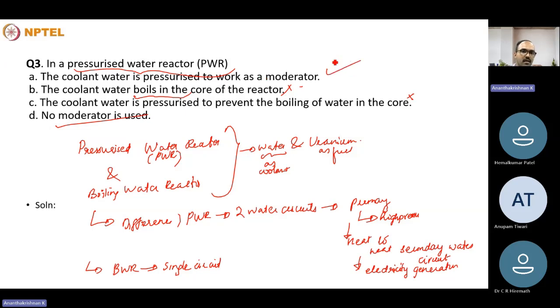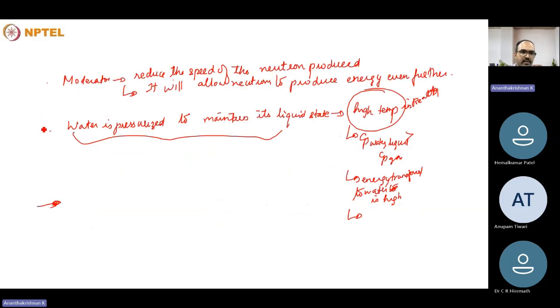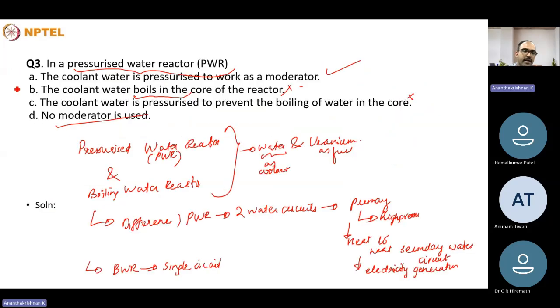This is right. A moderator is anything that will be reducing the speed of the neutron, and it will allow the neutron to produce more energy further by producing even more fission. So here the water is pressurized to remain in the liquid form to take more energy, and it will act as a moderator as well. So the answer to the question is option A.